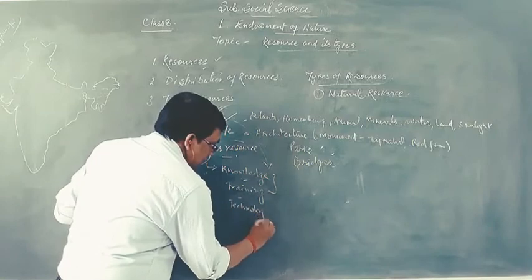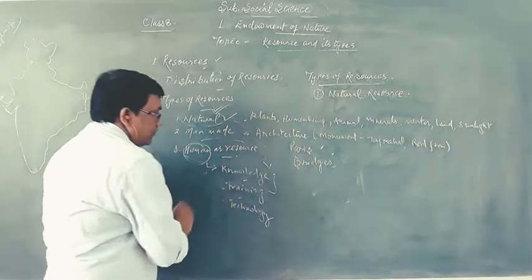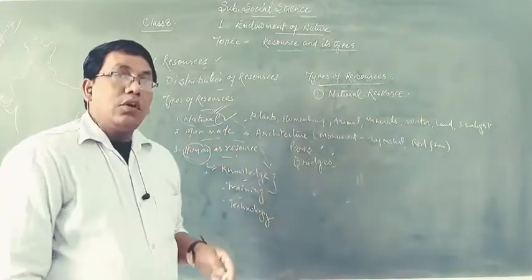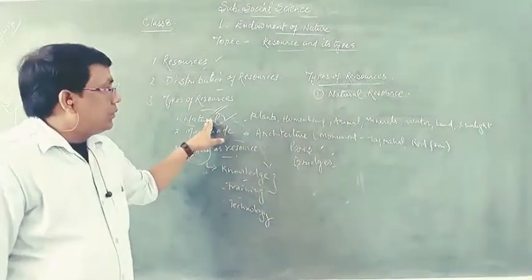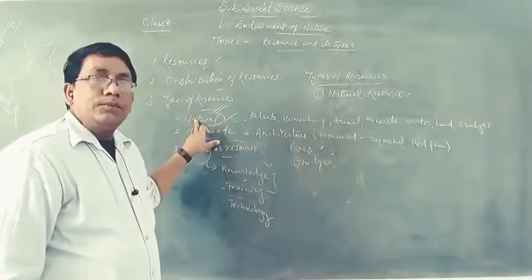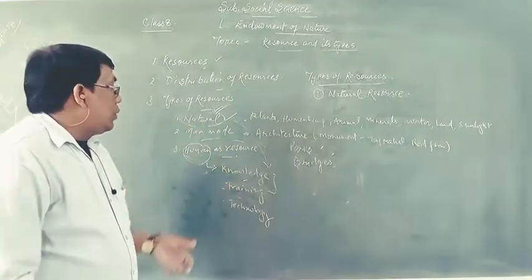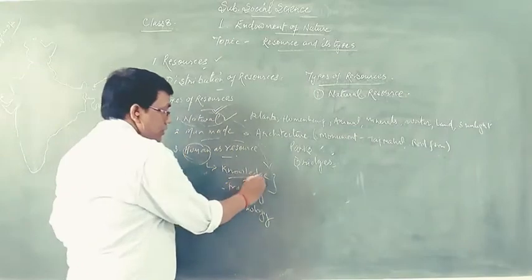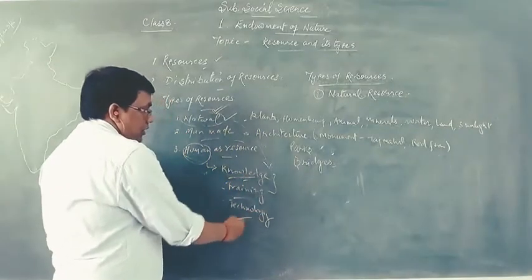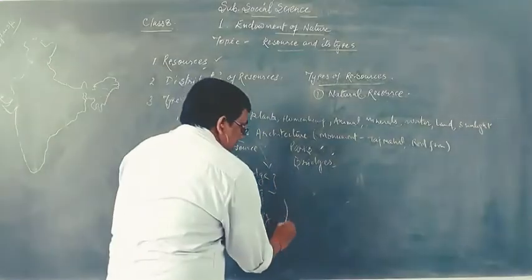Knowledge, training and technology: three important factors. If you have no knowledge, you can't get these natural resources from the earth. Remember. The human being who has knowledge, training and technology gets them by getting education.